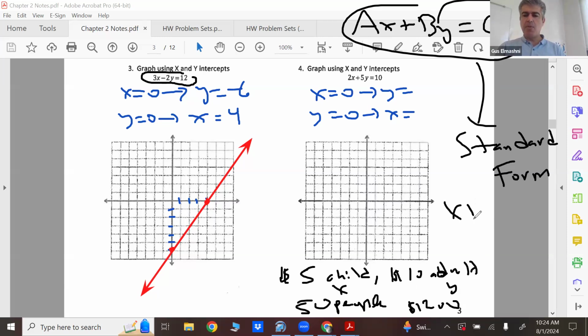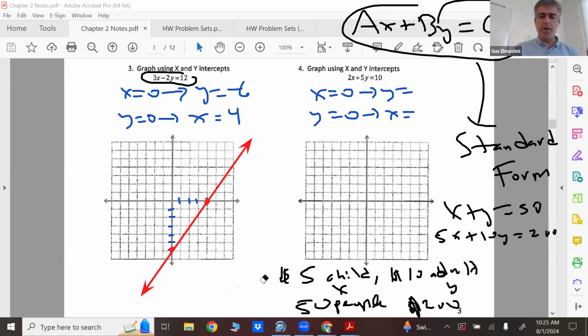So it'd be x plus y equals 50, and 5x plus 10y equals 200. That's standard form. Standard form is great for that. So we'll talk about that with word problems.